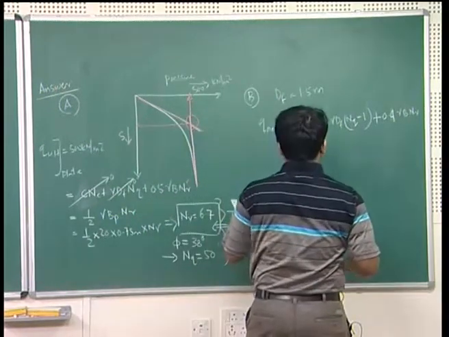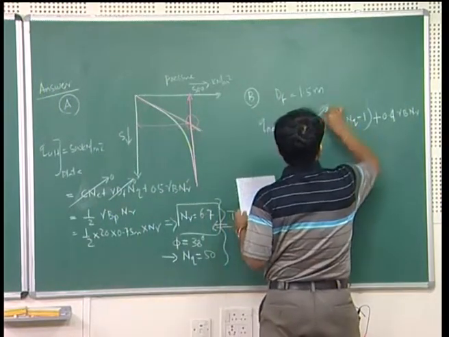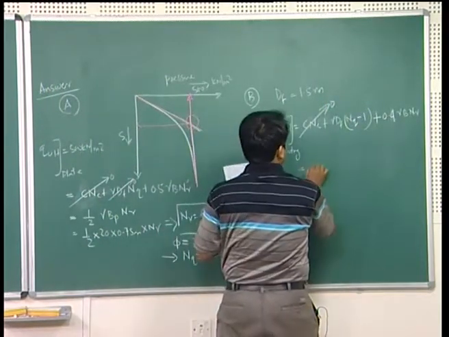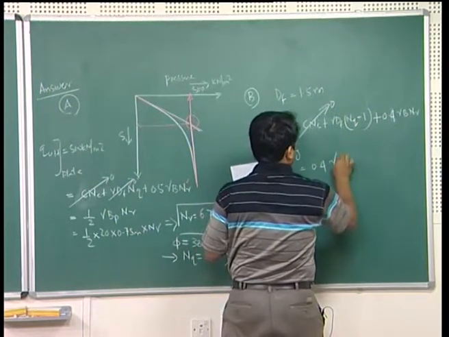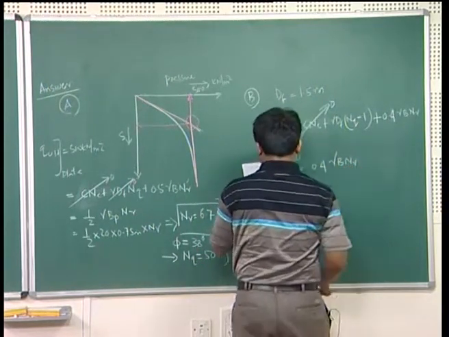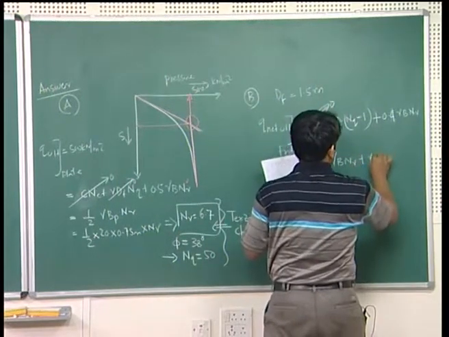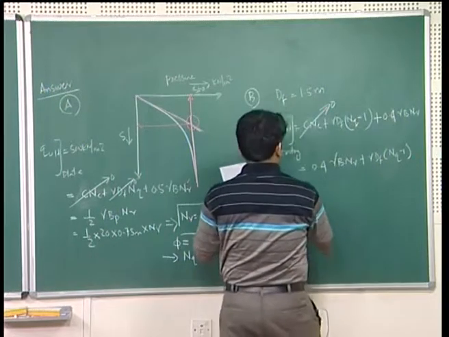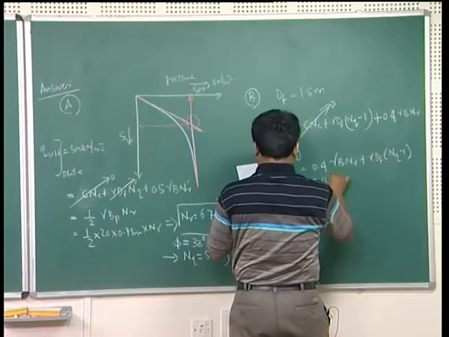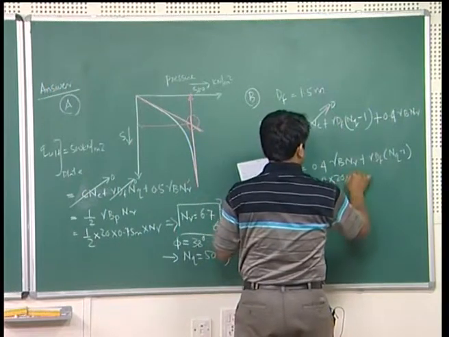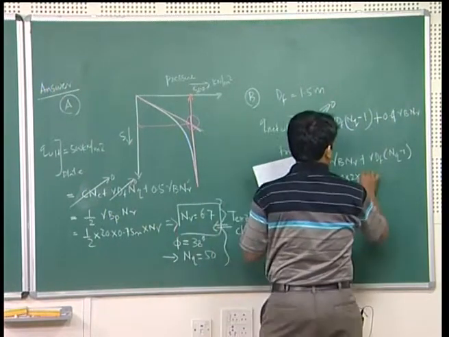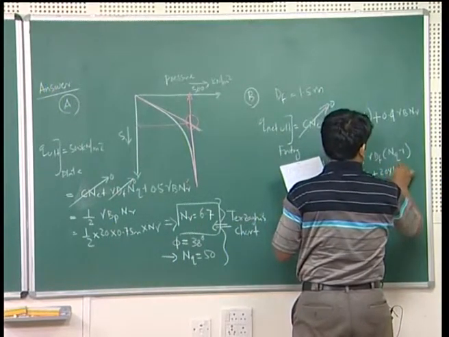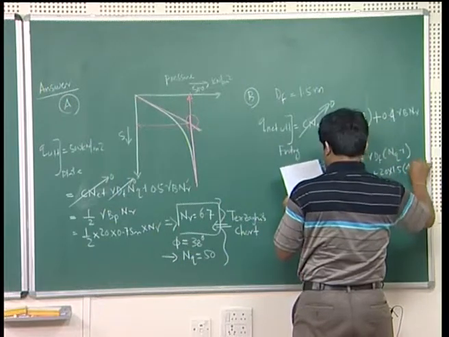So, as it is a cohesionless soil, CNC is equal to 0, and you will get 0.4 gamma B N gamma plus gamma dF (NQ minus 1), which is equal to 0.4 into 20 into 2 into 67 plus 20 into 1.5 into 49.